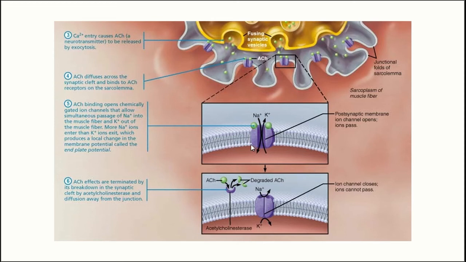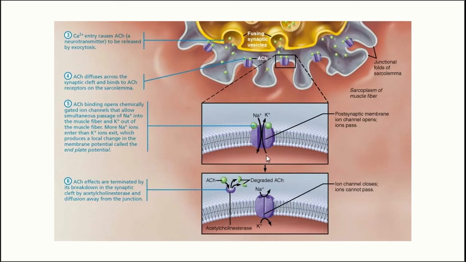Okay, so we see voltage change occurring because this acetylcholine receptor has opened and allowed sodium to diffuse into the cell and potassium to diffuse out. Since sodium diffused in, the voltage change that occurs here is a more positive voltage change, because sodium is a positively charged ion.